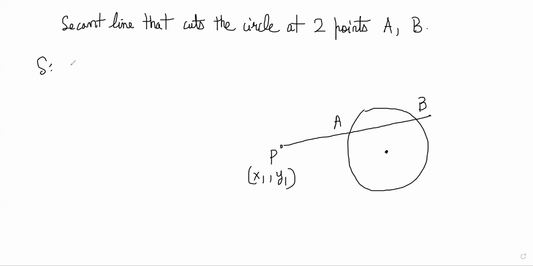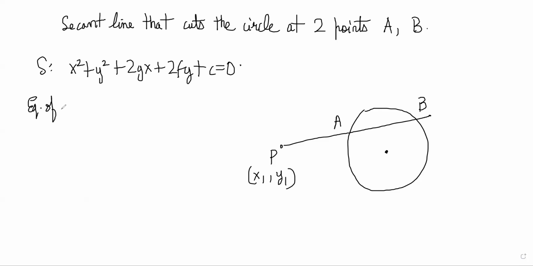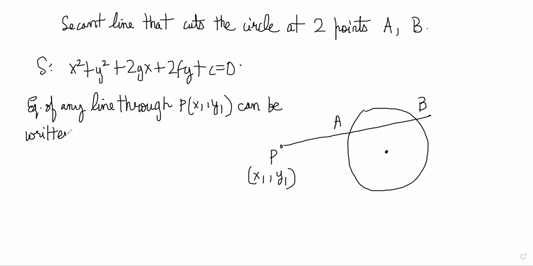Let's say the equation of the circle is x square plus y square plus 2gx plus 2fy plus c equals 0. Now, what you can do is write the equation of any line through P, which is x1 comma y1, in the parametric form or polar form like this.